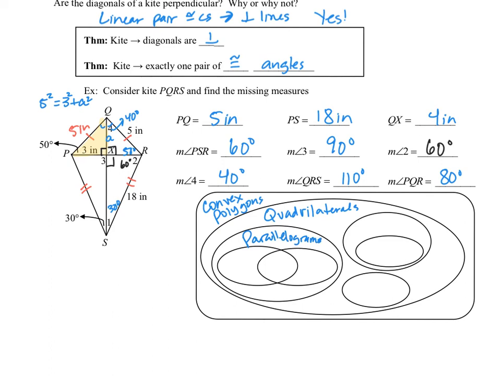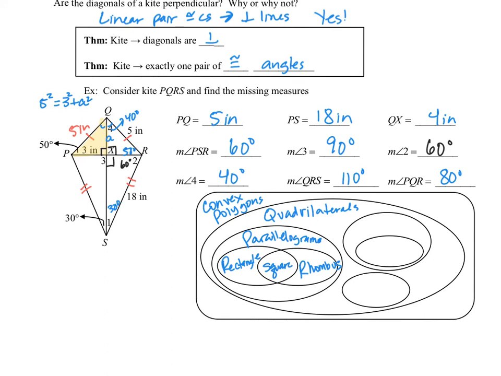Remember, if a parallelogram has 4 right angles, it's called a rectangle, okay? And if we have a parallelogram that has 4 congruent sides, that is called a rhombus. And then if we have a parallelogram that is both a rectangle and a rhombus, it has 4 right angles and 4 congruent sides, that's a very special parallelogram called a square, okay?